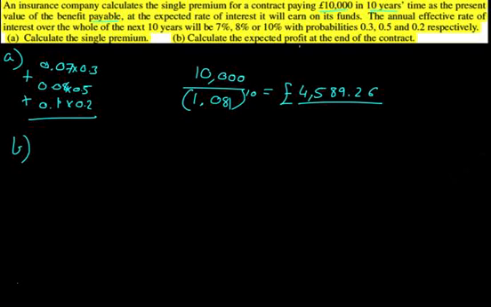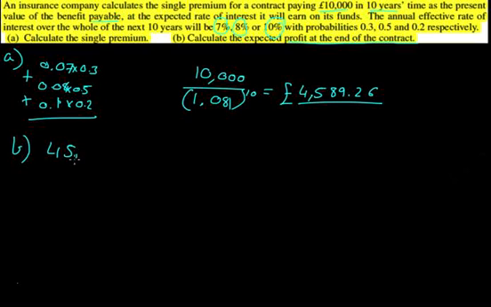Part B, calculate the expected profit at the end of the contract. This is done a little differently because we can take this amount and invest it at any one of these three rates, so any one of these can give us some interest. This is how we can make some money.